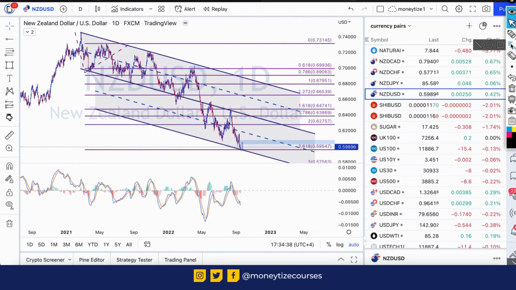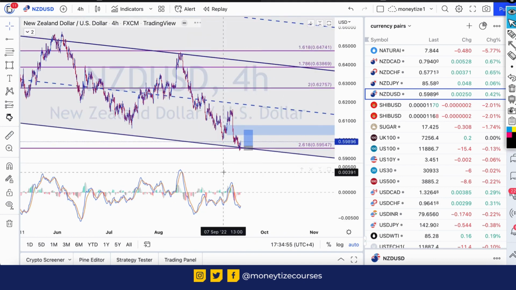Yeah, so we have lower low, still open-ended, so it may complete bullish divergence in the coming week. For hourly, it seems it has completed bullish divergence.